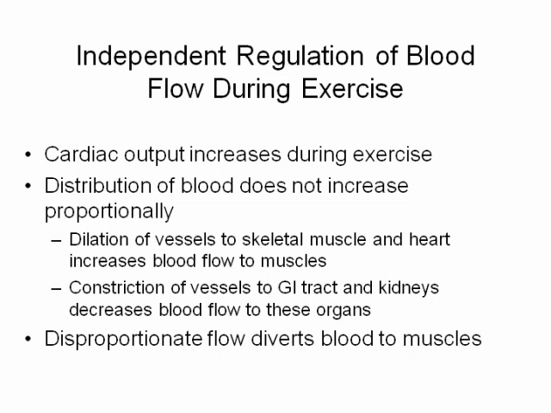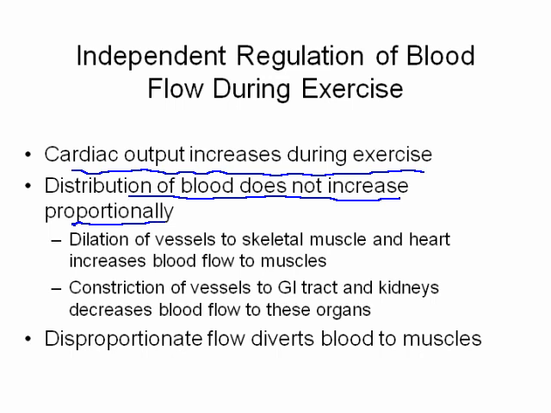Blood flow is regulated differently during exercise. Cardiac output increases during exercise, but the distribution of blood flow does not increase proportionately. Remember, we have the parallel arrangement of blood vessels in our body, that different vascular beds going to different organs are arranged in parallel.